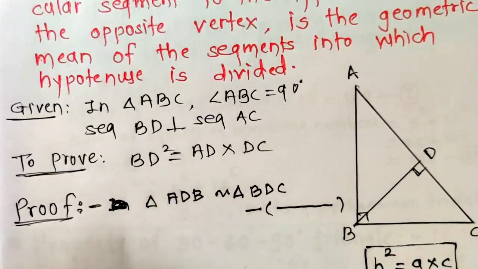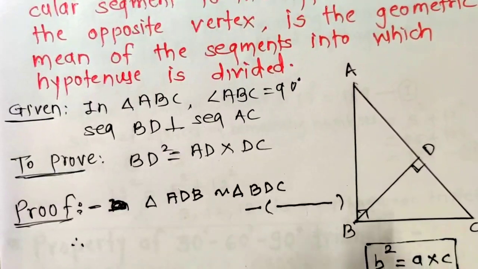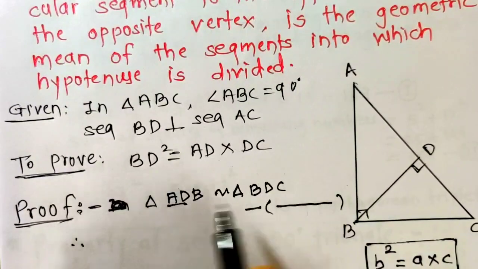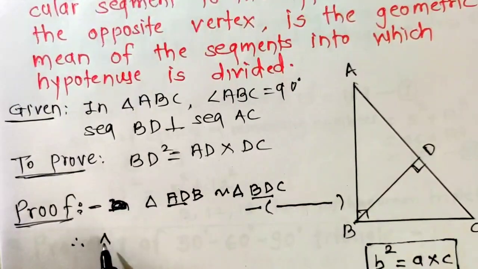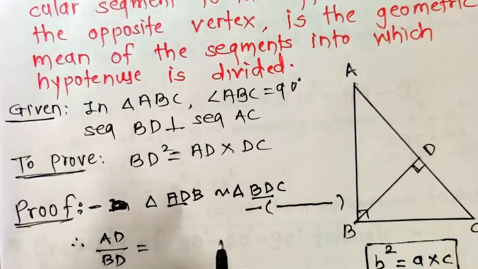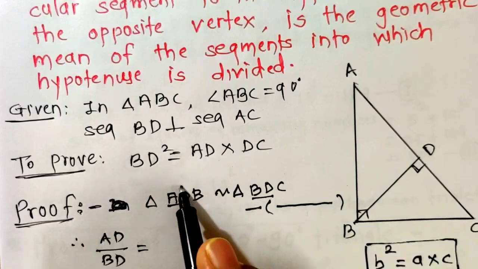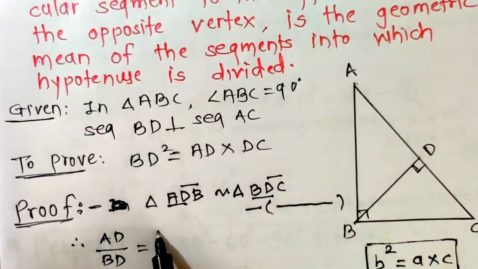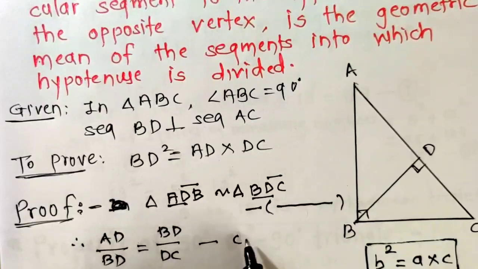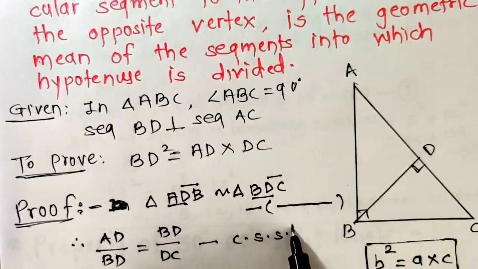Now ADB is similar to BDC, therefore when two triangles are similar, their corresponding sides are in proportion. So AD upon BD is equal to BD upon DC. Here are the corresponding sides of similar triangles.